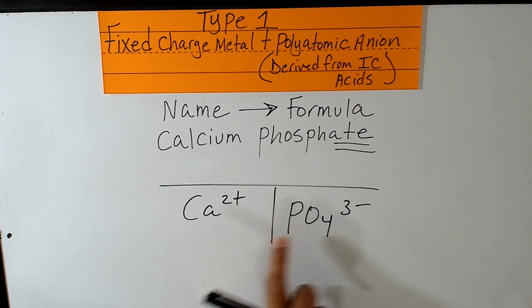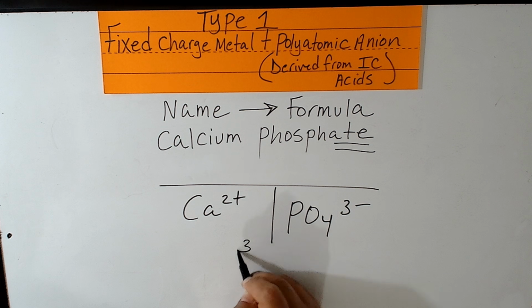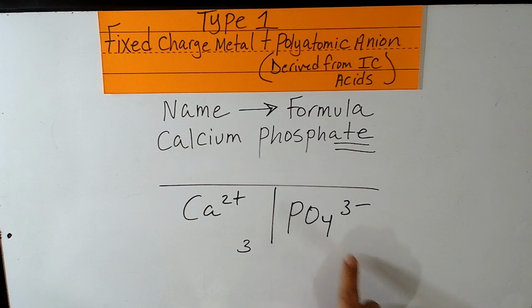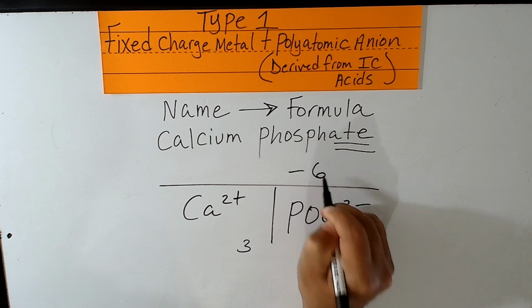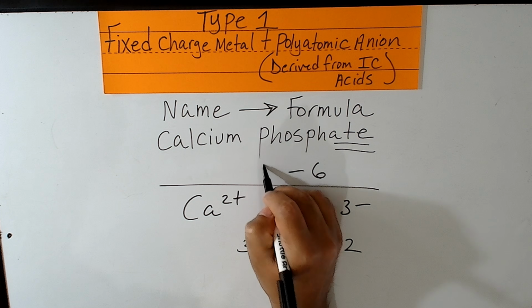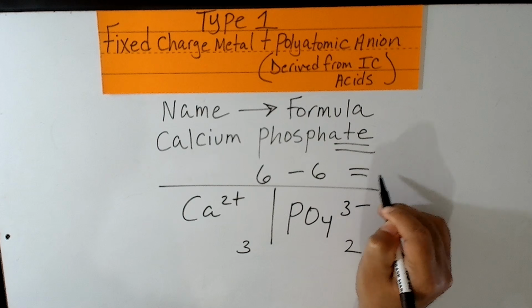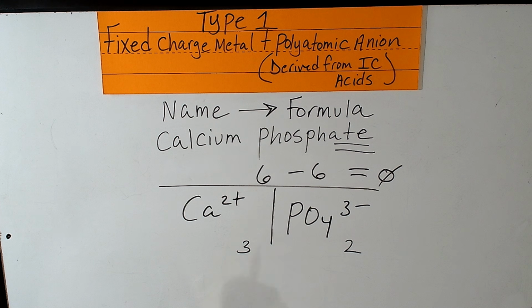I'm going to bring this 3 over here, and I'm going to bring this 2 to the right side. 2 times -3 gives me -6. 3 times 2 gives me 6. 6 minus 6 equals 0. So I have met that requirement.